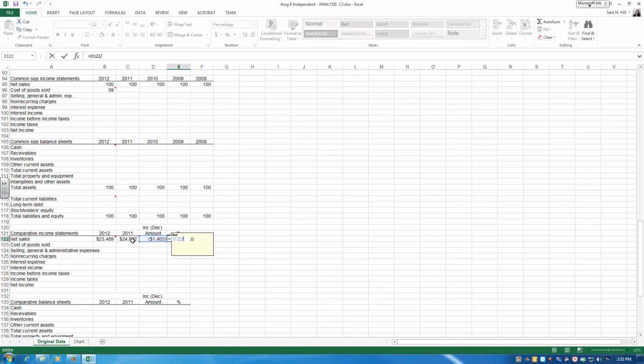We're going to divide it by 2011, which is the prior year. We're going to get a negative 5.64. So that should help you out with what we're conceptually doing here when it comes to the comparative income statement as well as the comparative balance sheet. Same process you'll be doing down here with the comparative balance sheet.